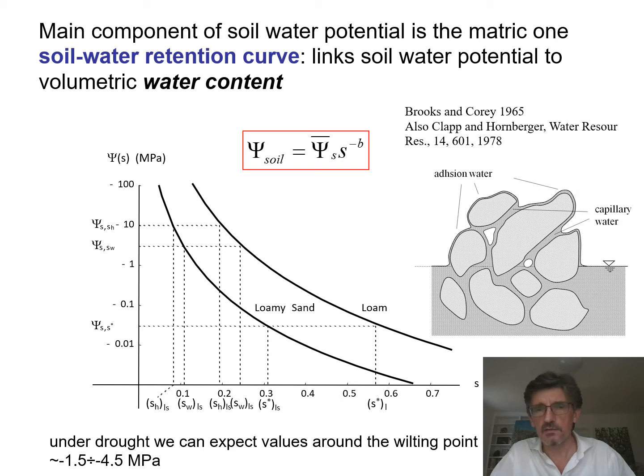Again, the volumetric water content to which this corresponds is different in a loamy sand and a loam. Similarly here, the hygroscopic point, let's say that the atmosphere is in equilibrium with the soil at minus 10 megapascal. These 10 megapascal are less than 10% saturation for loamy sand and almost 20% saturation for loam, depending exactly on how the capillary forces change because of the texture.